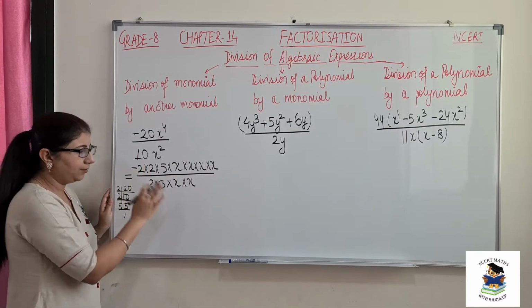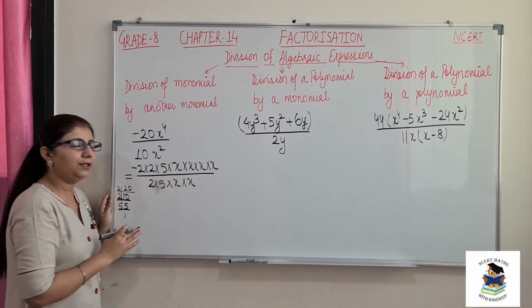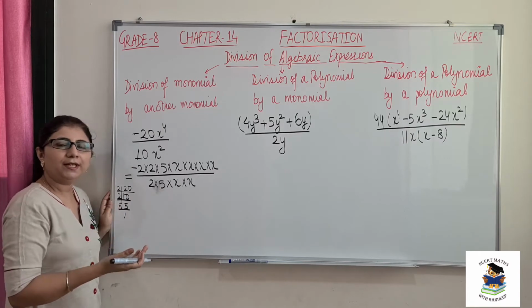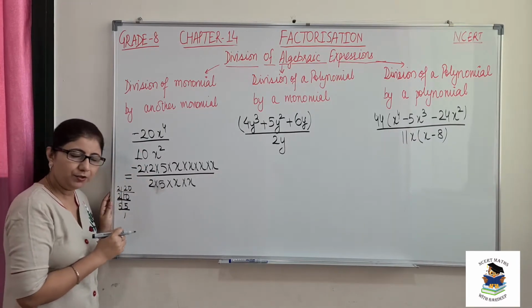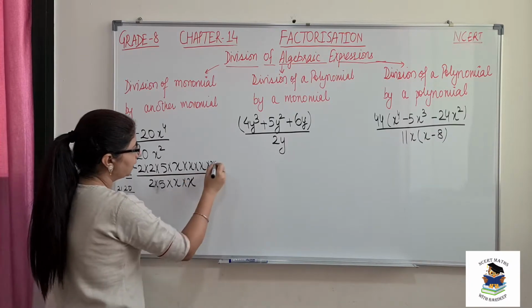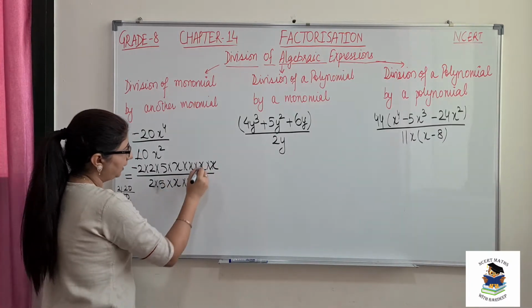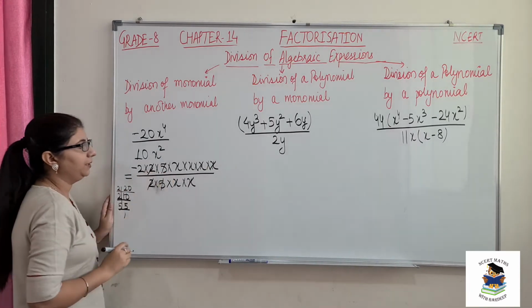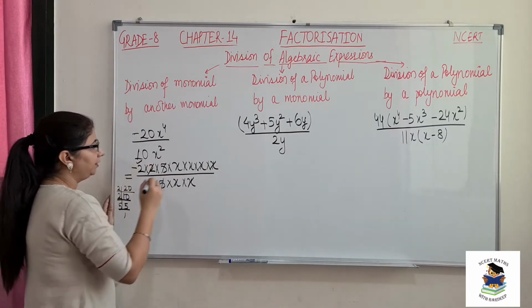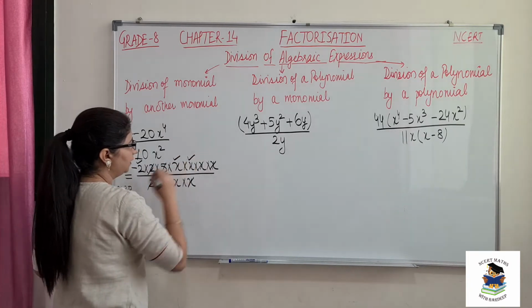So now after this step, when we have already irreducible factors, we will cancel those terms which are present in both numerator and denominator. See, one x will be cancelled, then another x will be cancelled, this 5 can be cancelled, this 2 can be cancelled. So what is left here? It is 2x.